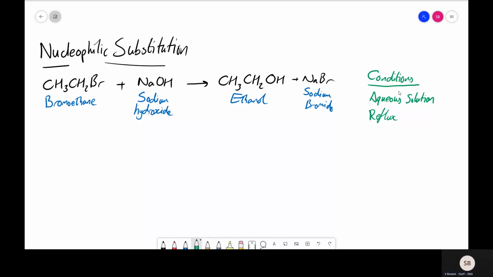Now, one of the things about being an aqueous solution, you know that sodium hydroxide is soluble. So that's actually going to be sodium ions and hydroxide ions. And the sodium bromide is soluble. So that's going to be sodium ions and bromide ions. So that actually means that this sodium is a spectator ion.